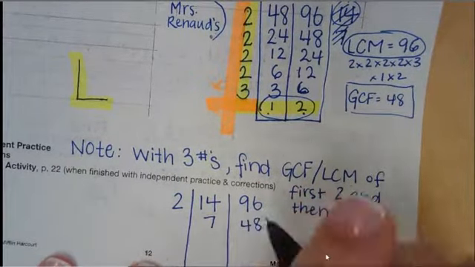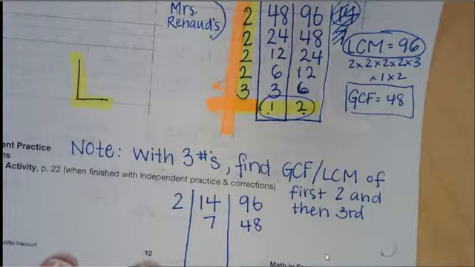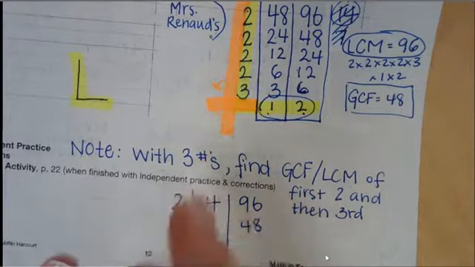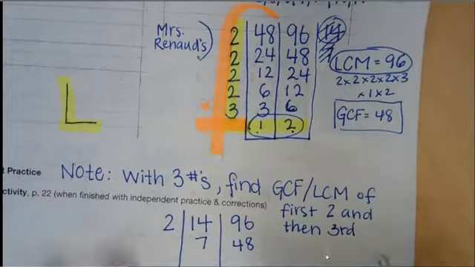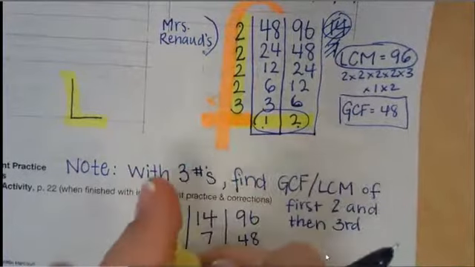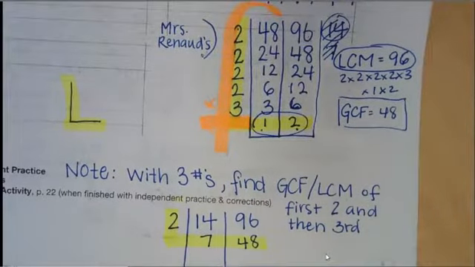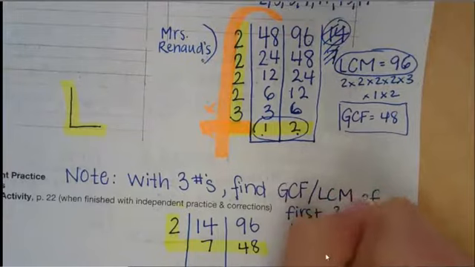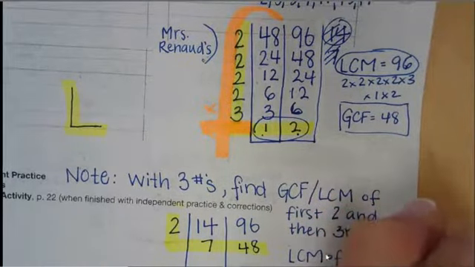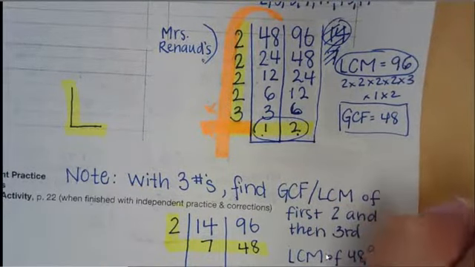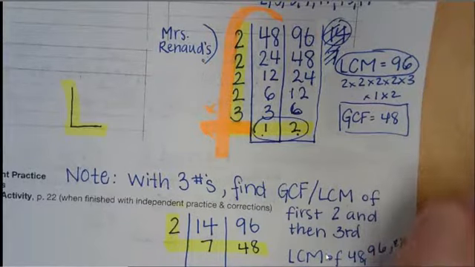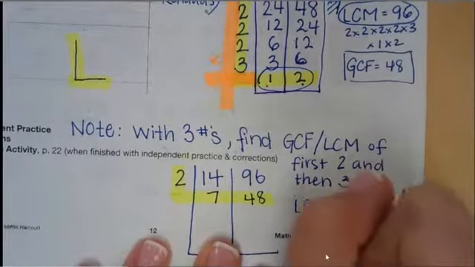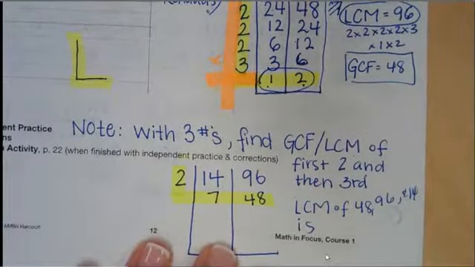So then I have my least common multiple again that I would multiply. And I would find that the least common multiple of 48, 96, and 14 is 2 times 7, which is 14, times 48, which is 672.